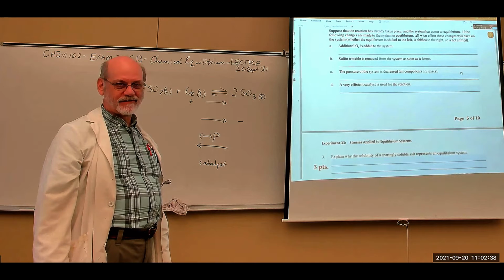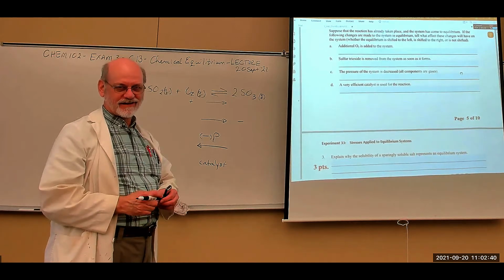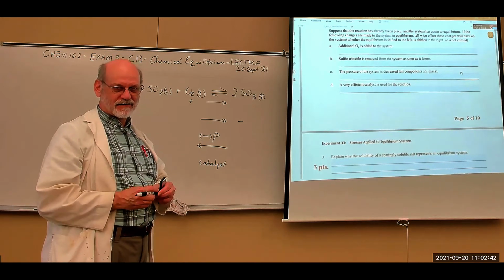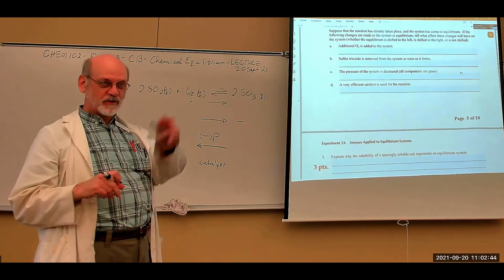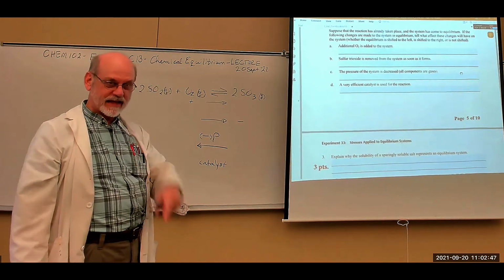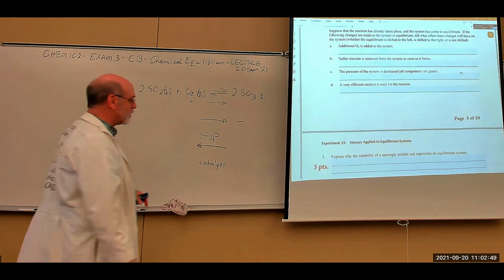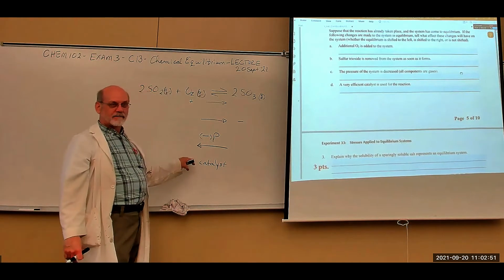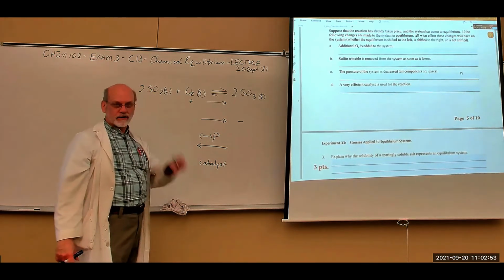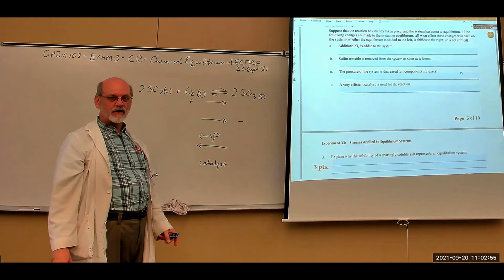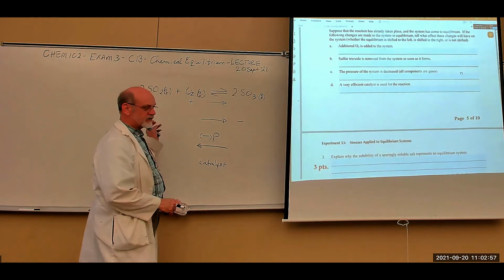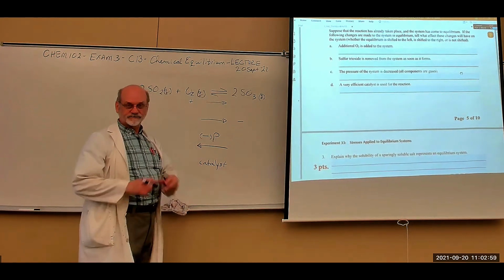What do you think? Okay, we got one for and one against. The against has it. The catalyst has no effect on the equilibrium. It'll just get there quicker. All it does is speeds up the reaction in both directions.